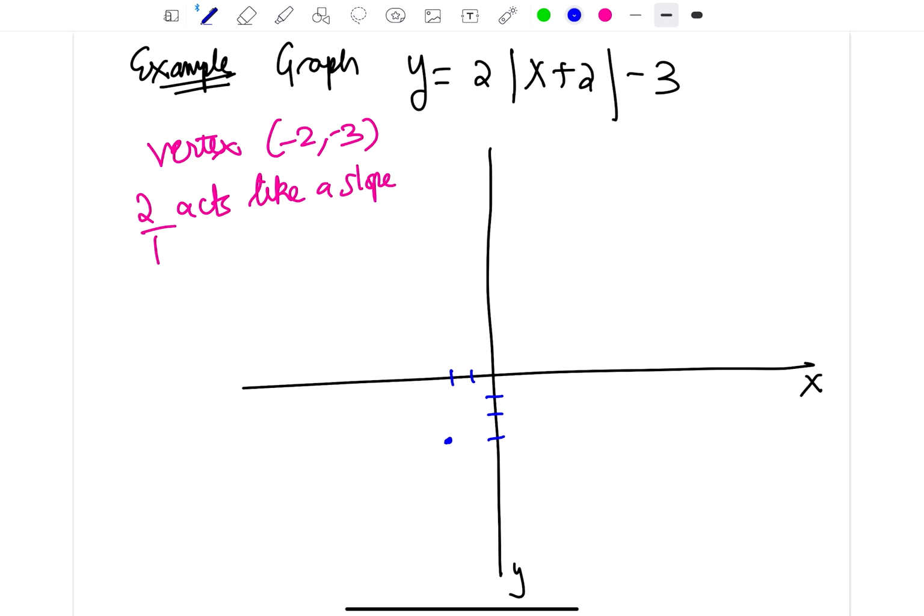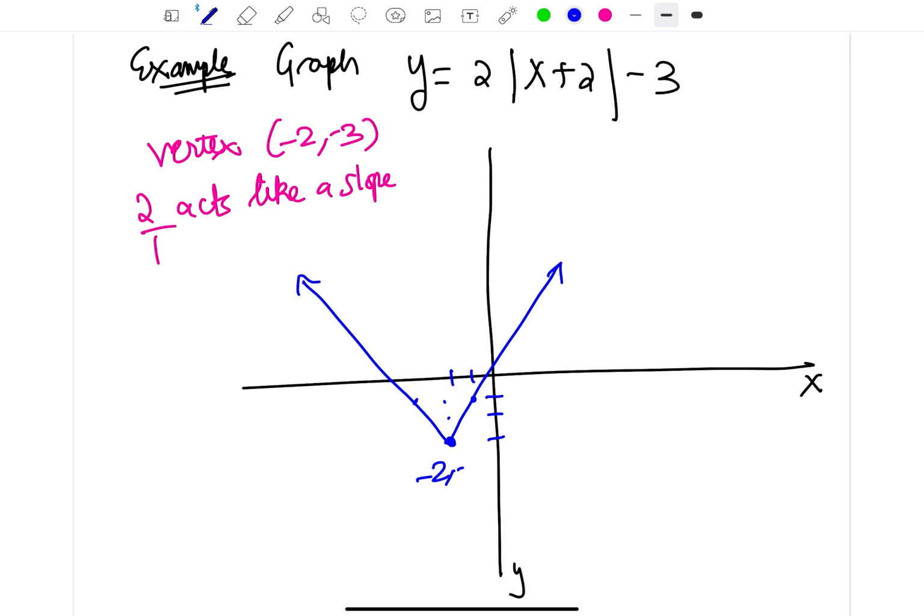So here's my new vertex for this shifted, translated absolute value function. From here, we can see that 2 is going to act like a slope. So I'm going to go up 2 and over 1, up 2 and over 1. And that's going to be somewhat the shape of my graph.